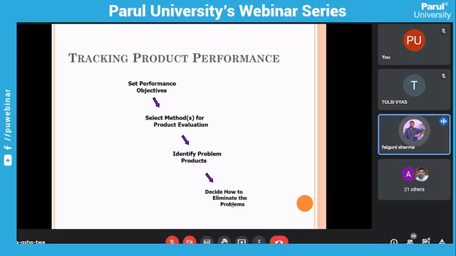Then identify the problem products. Definitely if something is in the market, it has problems, merits and demerits, both. No one is 100% perfect. So if a problem comes, we have to look at the problem, identify at what level it came and how it can be managed.